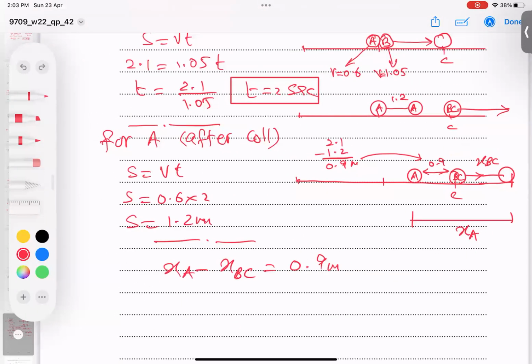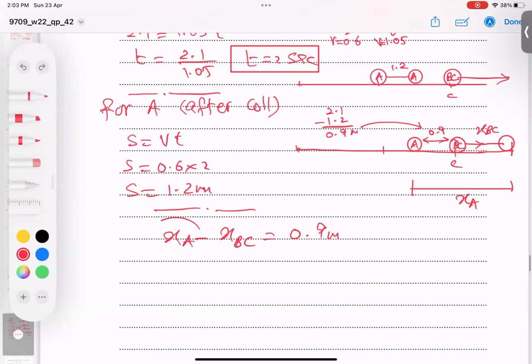And what is the distance formula? Because speeds are constant and there is no friction, S is equal to VT. So I'm writing VT here and VT here.